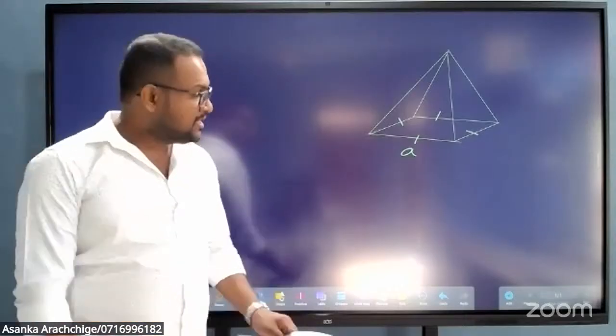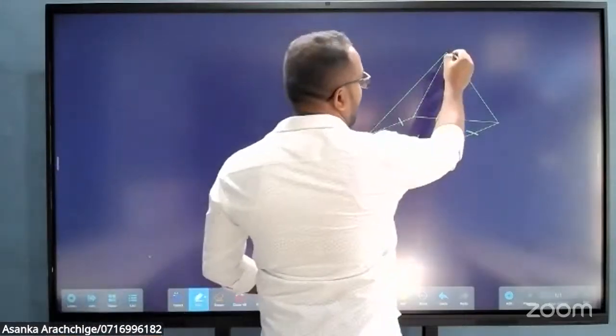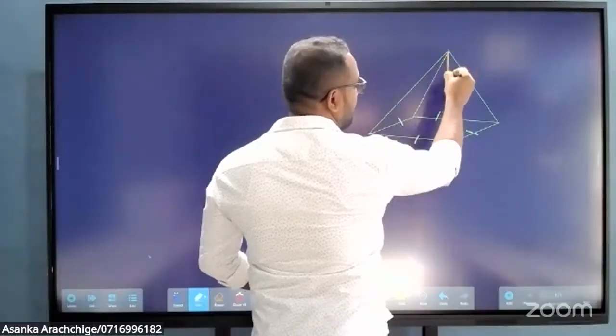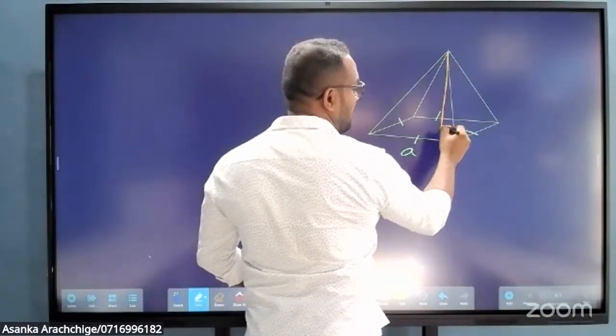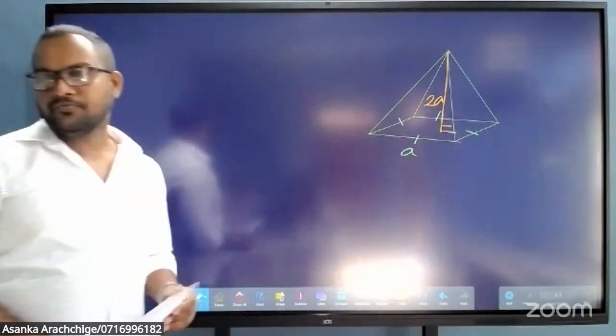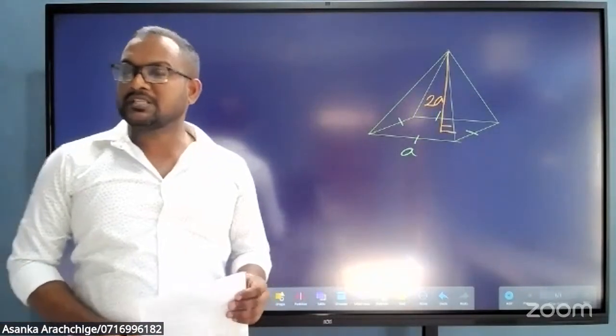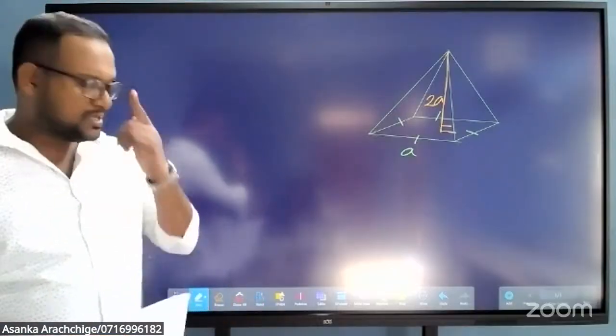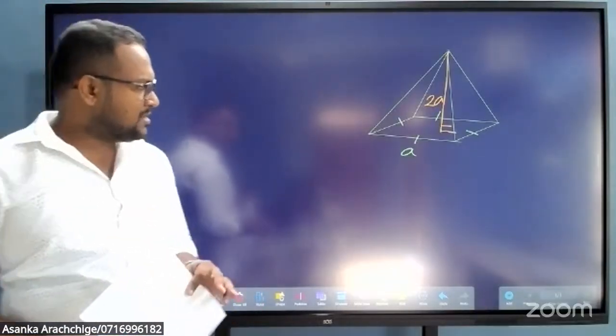And the height is 2A. The height, the perpendicular height is 2A. So how to find the volume of a square base pyramid? අපි කොහොමද square base pyramid එකක volume හොයන්නේ?